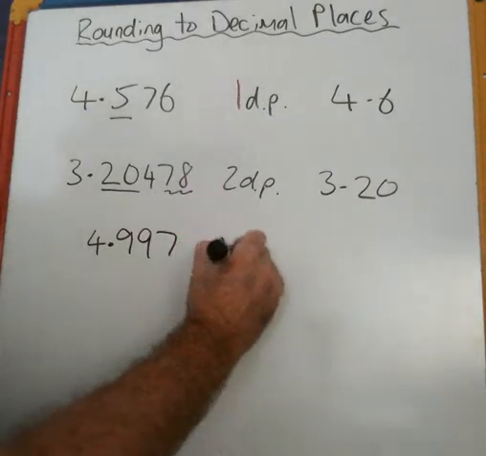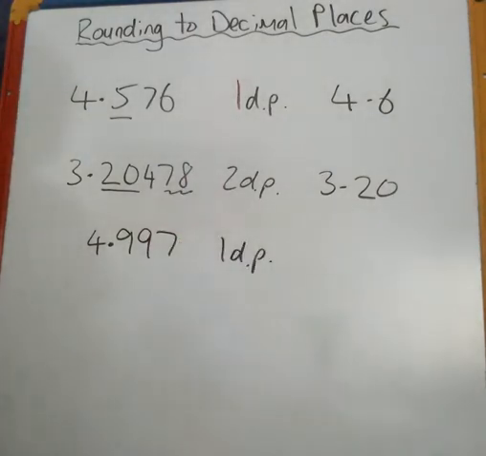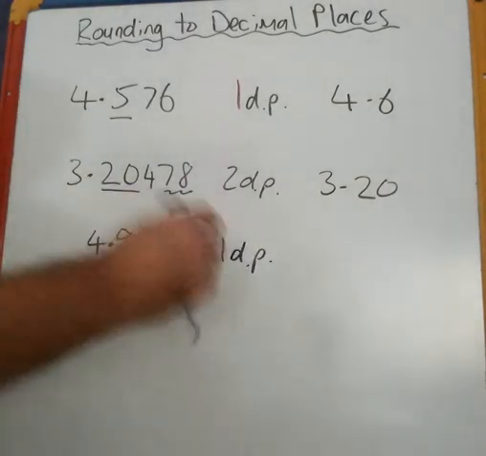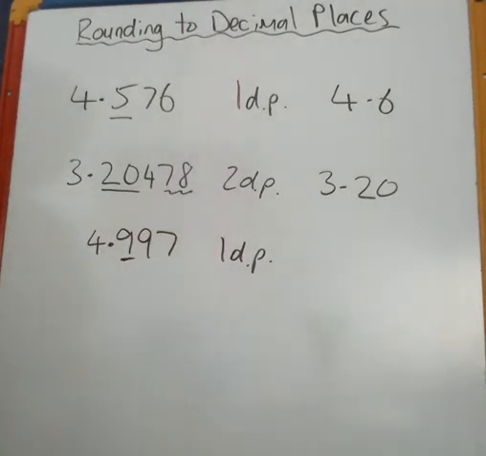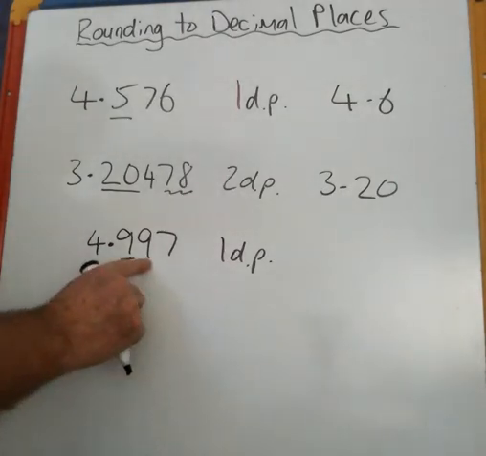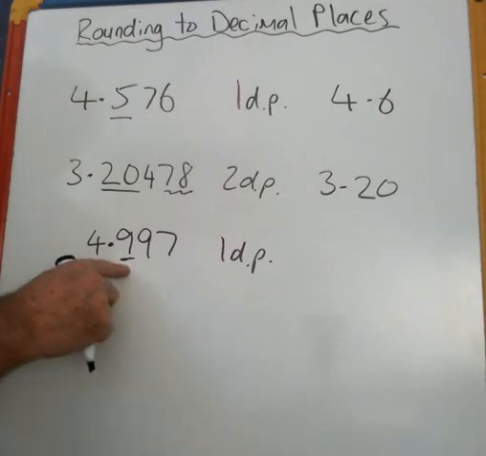If I want to round that number to one decimal place, then I'll underline the first number after the point, the first decimal place. The next one is a 9. So does the 9 round this 9 up? Yes, it does. It rounds the 9 up to a 10.